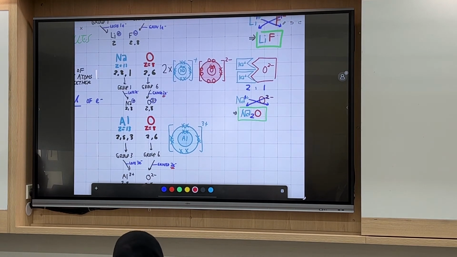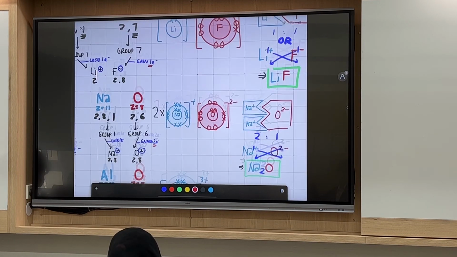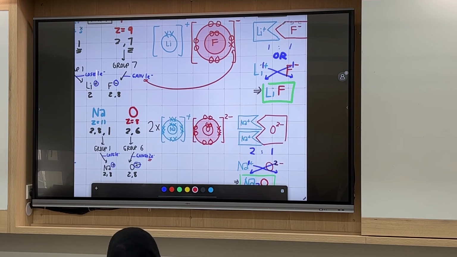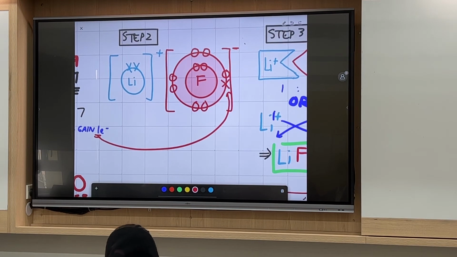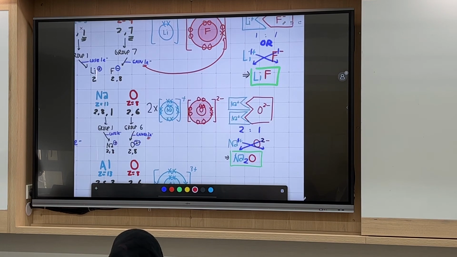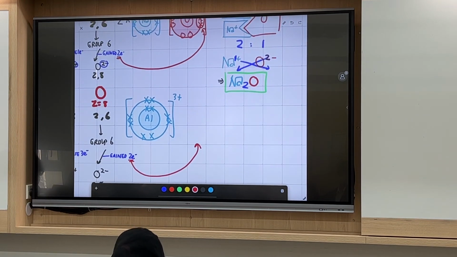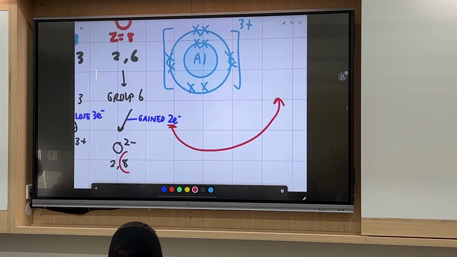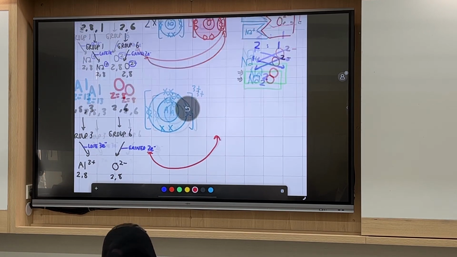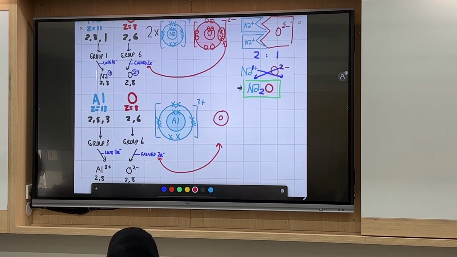When you gain 1, you have to draw one symbol in a different way. When you gain 2 electrons, 2 symbols have to be drawn in a different way. And same here, when you gain 2 electrons, 2 of those 8 electrons in the outermost shell have to be drawn in a different symbol. So you have O, and you have 1, 2, 3, 4, 5, 6, 7, 8. 2 minus.